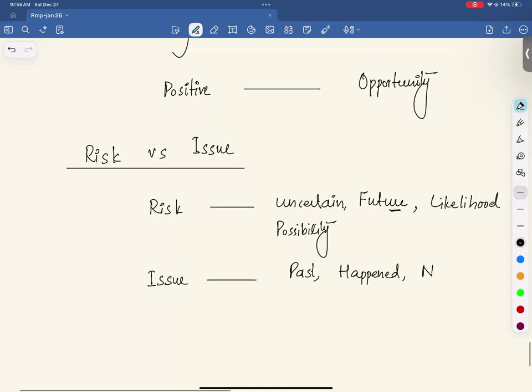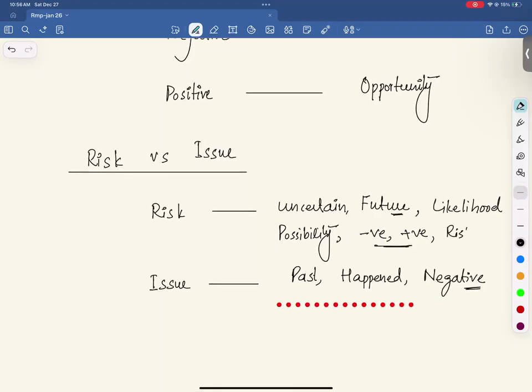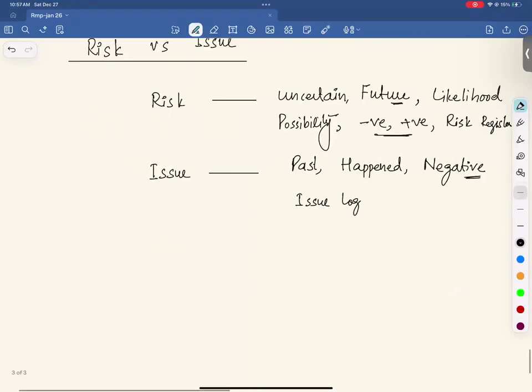And issues are always negative. Risk could be negative or positive, as we discussed. Risks are documented in the risk register, and issues are documented in the issue log. Please remember this. I hope you have clarity on the difference between risk and issue. Then, risk versus assumption.